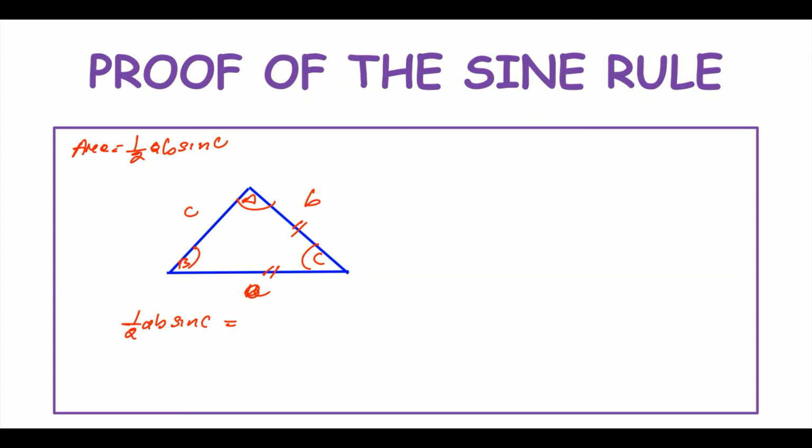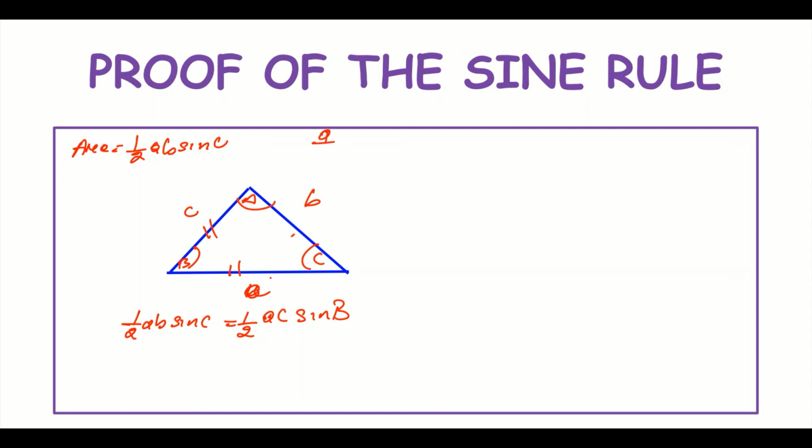So let us look at another angle, angle B. What sides surround angle B? Focusing on B, we have C and we have A. So we can have half AC sine B.